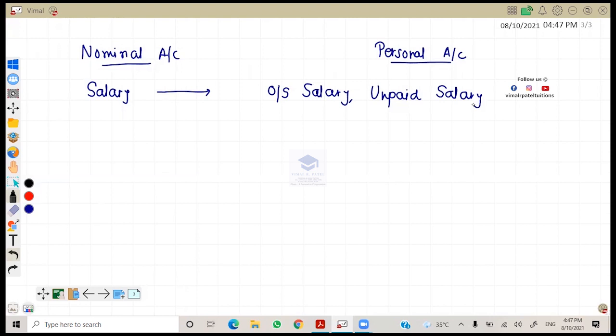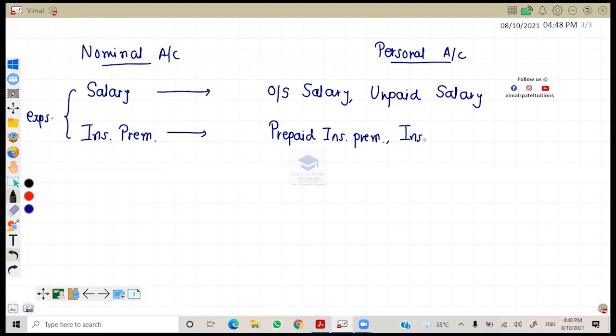Same way, say, if any expense, insurance premium, but if it is said prepaid insurance premium, or insurance premium paid in advance, then also these type of expense will be treated as personal account.